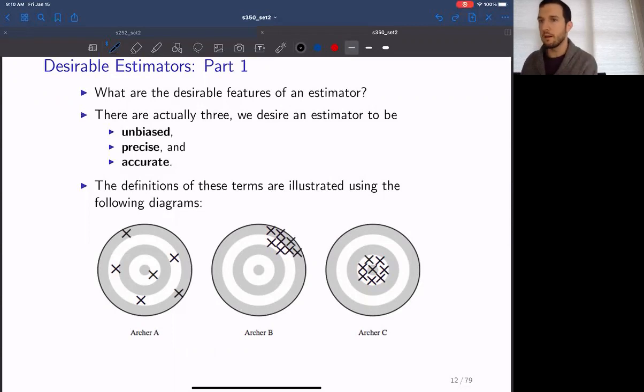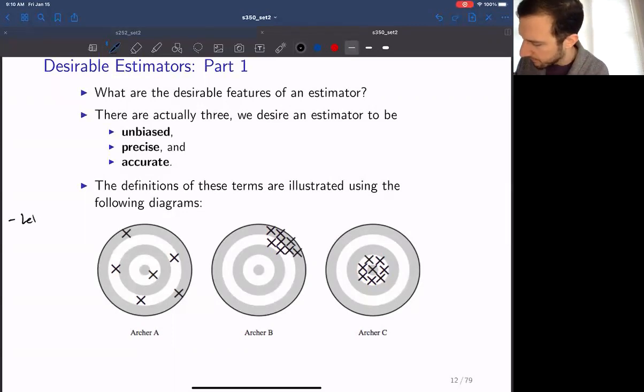So let's consider on these illustrations the bullseye of the dartboard to be the population parameter of interest. So this could be mu, or it could be sigma, or it could be sigma squared, for example. We'll define, just in general terms, the value theta to be some parameter of interest. So let's make a note over here.